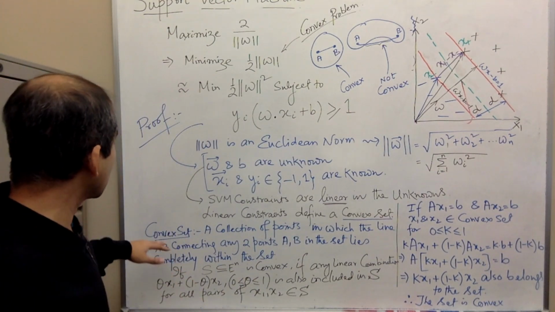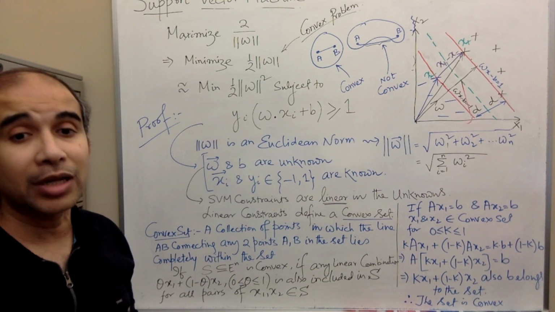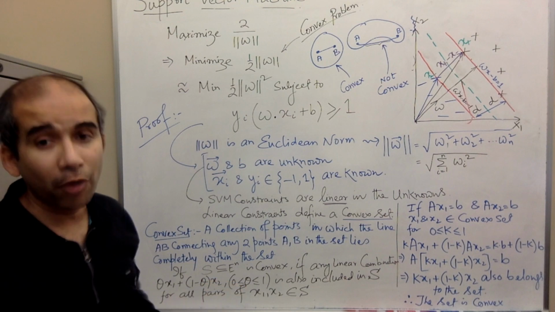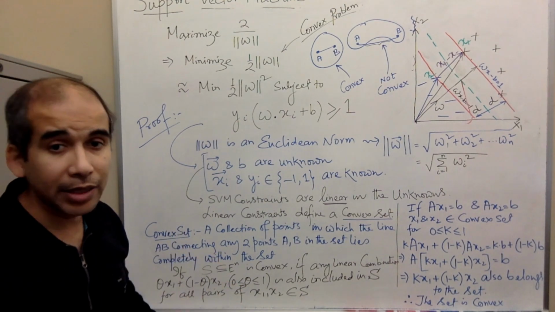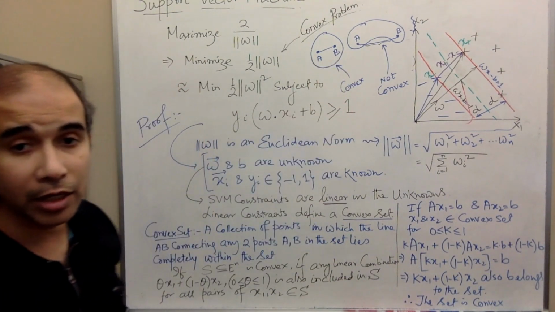One more time, the definition of a convex set: a collection of points in which the line AB connecting any 2 points lies completely within the set, like AB here, as an example.